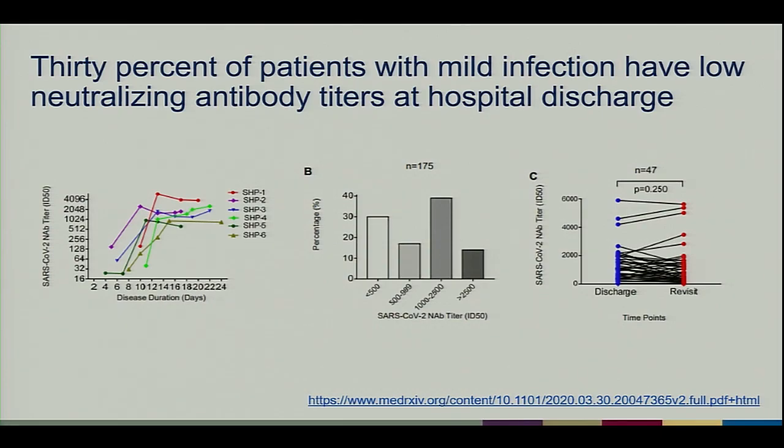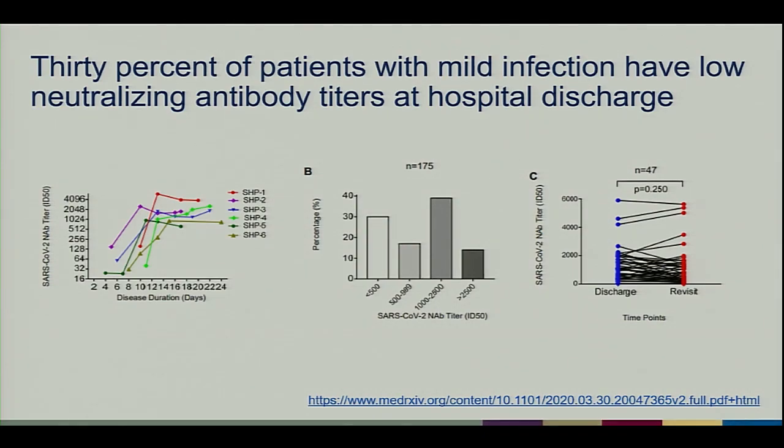This is a study that is in preprint form on medRxiv right now, looking at patients with milder infections and neutralization titers at different time points, at discharge and then during the convalescent period.